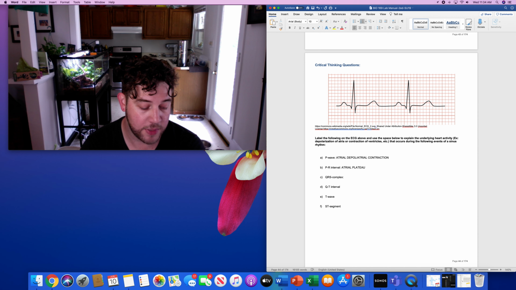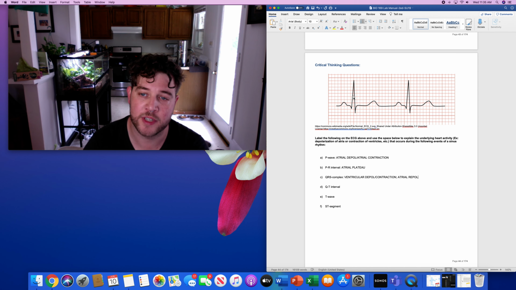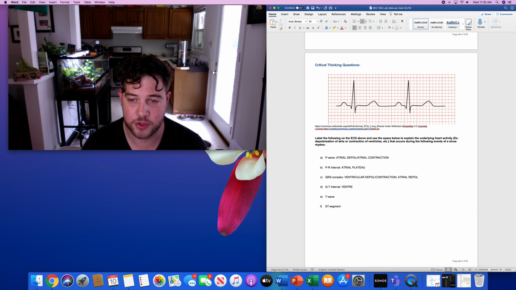The QRS complex, that's your ventricular depolarization and contraction, as well as your atrial repolarization. The atrial repolarization is hidden by this big spike of the ventricles depolarizing, but the atria are repolarizing here as well. The QT interval is the ventricular cycle.